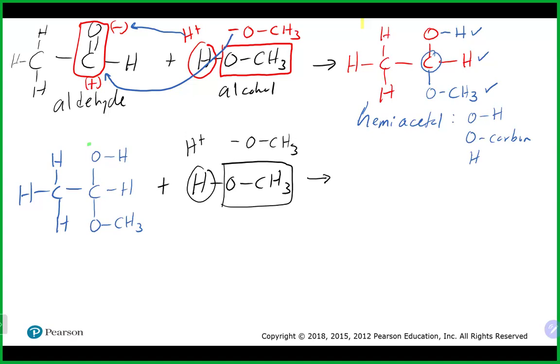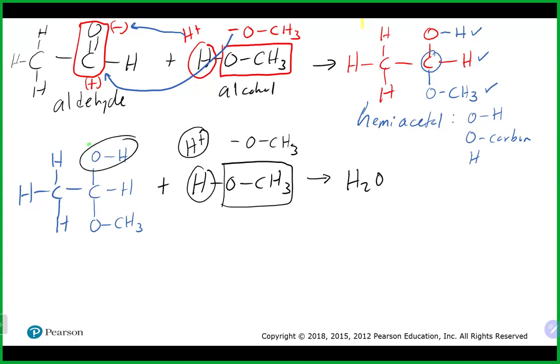What's going to happen in this case is we don't really have a double bond or anything like this, so we actually do have to make room for it. And to make room for it, we're actually going to create water. So if you had to take a guess, I'm going to use this to make water. What other part should I use to make water? That right there, yeah.